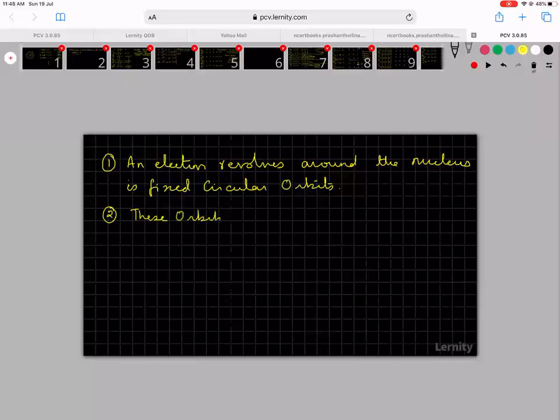These orbits have fixed radius and energy. This is the Bohr-Bury structure of a model of an atom. We are revising it from the beginning.